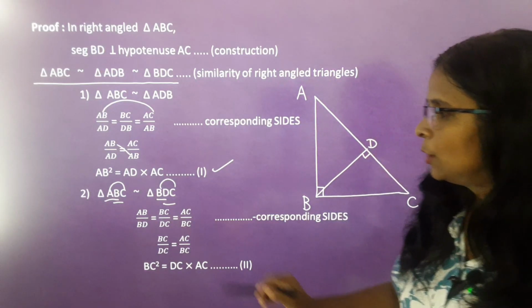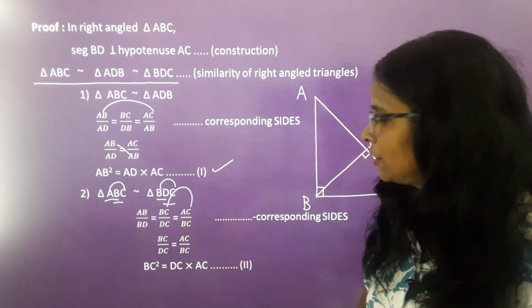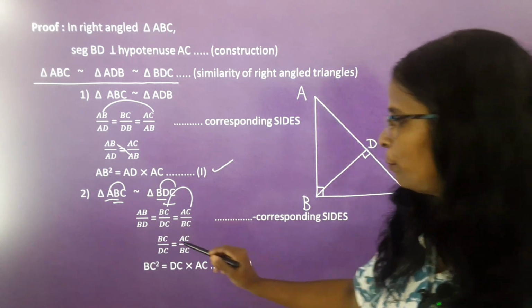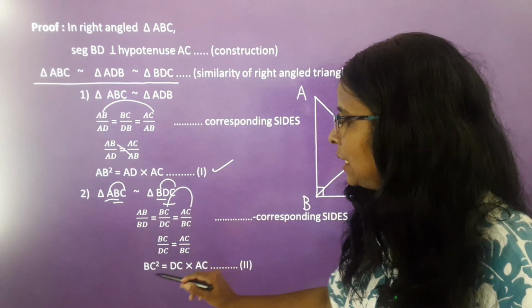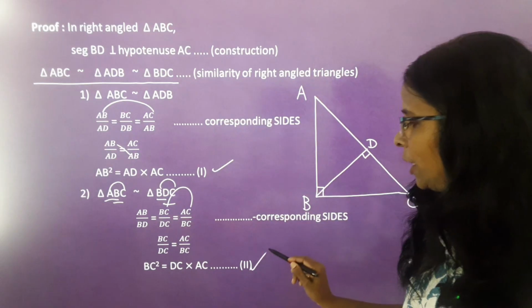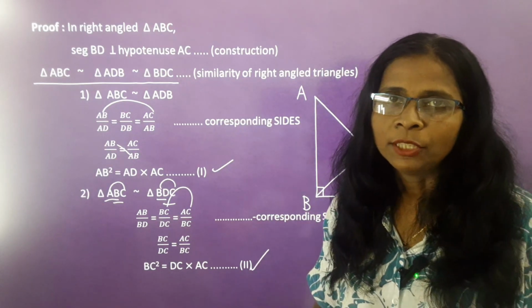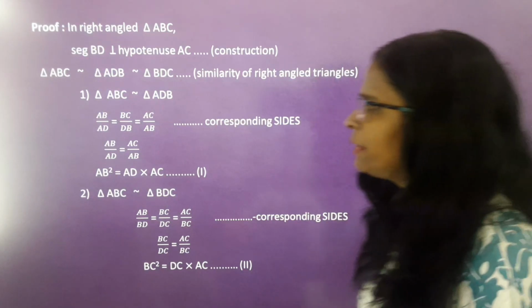Here we take the second and the third ratio. So BC upon DC is equal to AC upon BC. So BC into BC, that is BC square, is equal to DC into AC, and call it the second equation. Now students, we have the two equations.